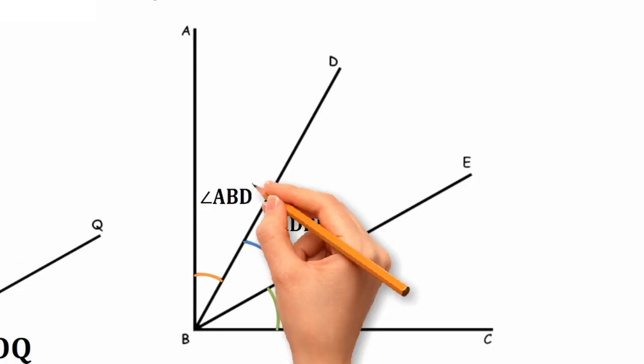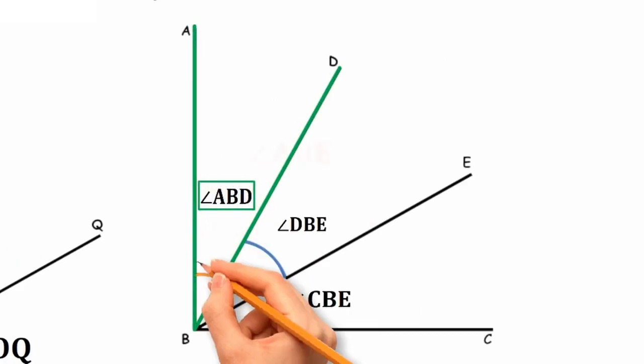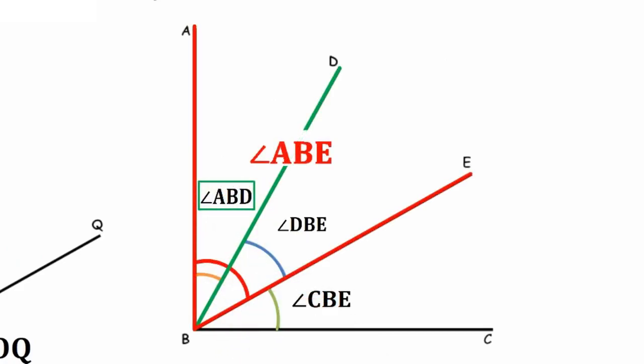Remember, angle ABD and angle ABE are not adjacent angles. Adjacent angles should have a common arm, common vertex, and angles should lie on opposite sides of the common arm. All three conditions should be applied. Angle ABD and angle ABE don't lie on opposite sides.